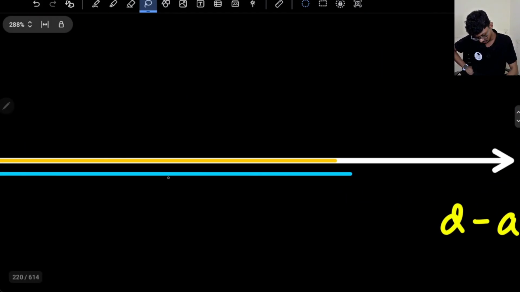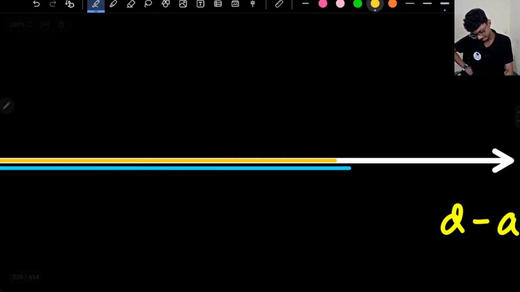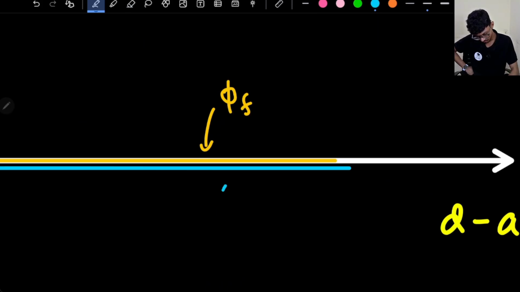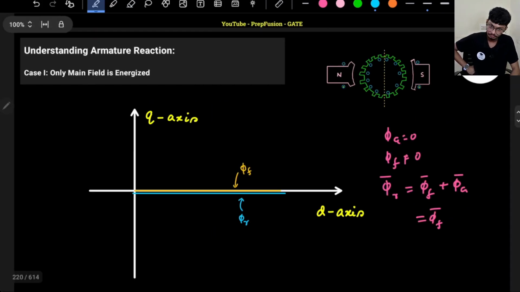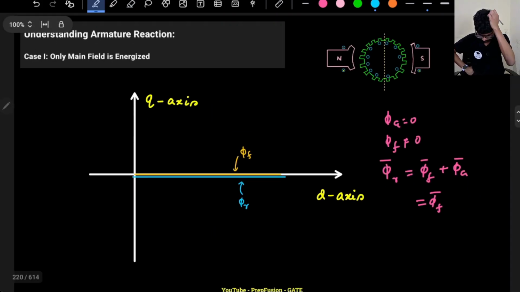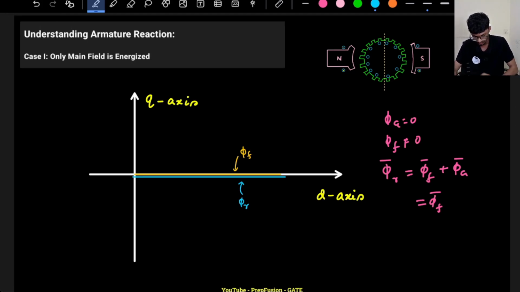So this will be the field flux, and this will be the resultant flux. Got it? So this was case 1.